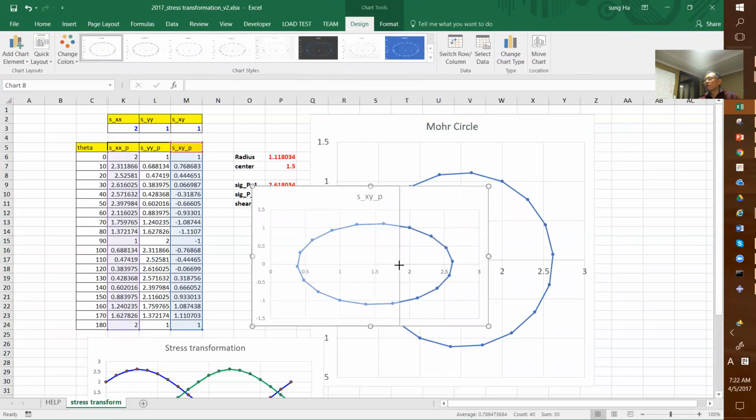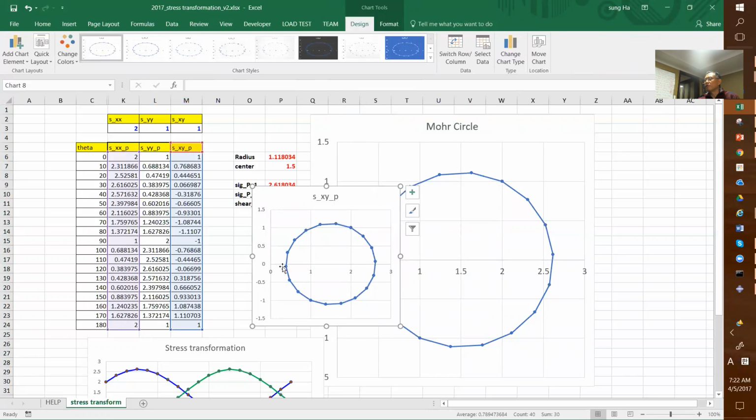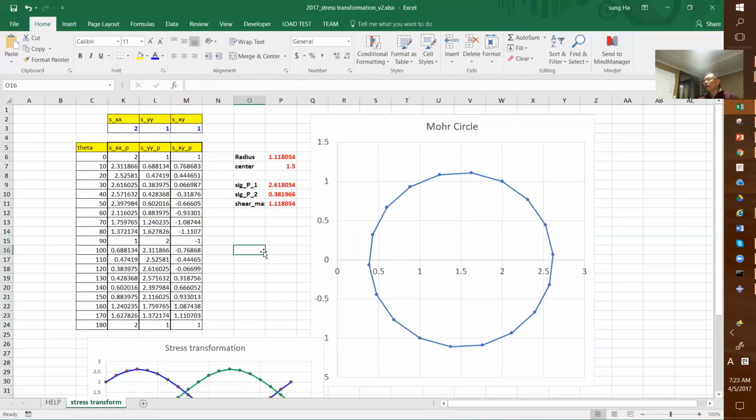And then make the same length. This is a 3, and that is a 3, and this is a Mohr circle. Okay, and now the center is over here, and radius is there.